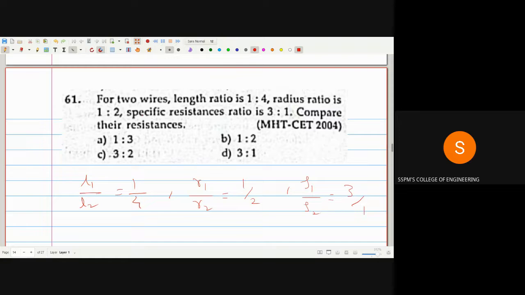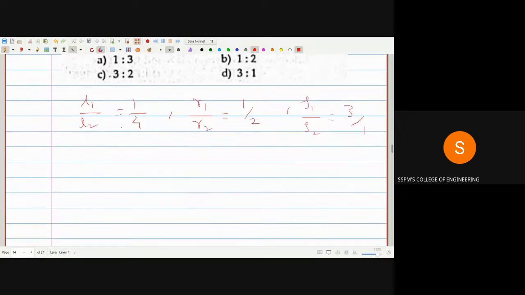Compare the resistances; what do we have to find? R1 by R2. R1 by R2 is equal to ρ1 by ρ2, the specific resistance ratio, into L1 by L2 into R1 square by R2 square, which is R2 square divided by R1 square.